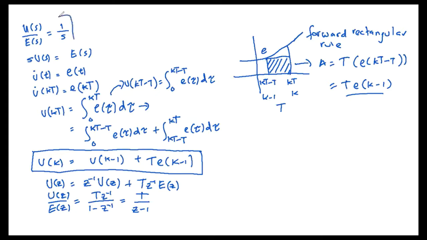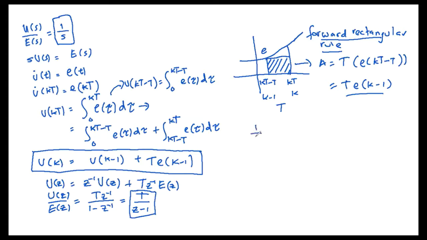Now if we compare this equation in terms of z to this equation in terms of s, so u of s over e of s is equal to 1 over s, but my u of z over e of z, which we derived using the forward rectangular rule, is t over z minus 1. So we can say that t over z minus 1 is equivalent to 1 over s.